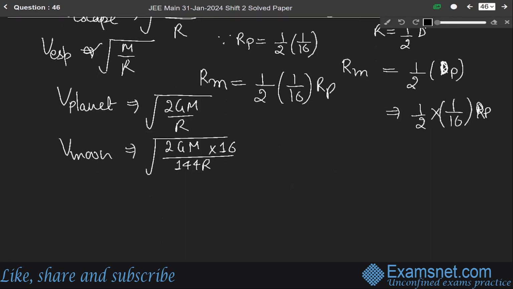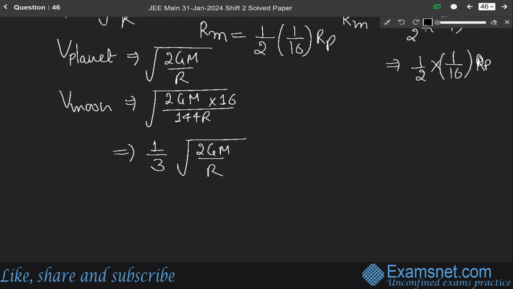So it will be equal to 1 by 3 times under root 2 GM over R, and 2 GM over R is the escape velocity of the planet. So escape velocity of moon will be equal to 1 by 3 times the escape velocity of the planet.